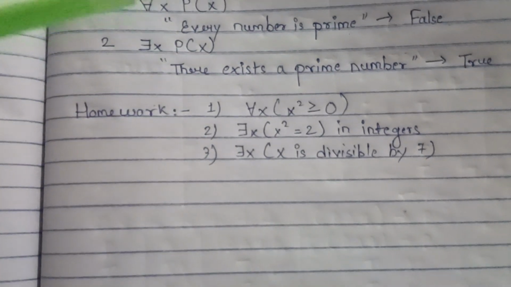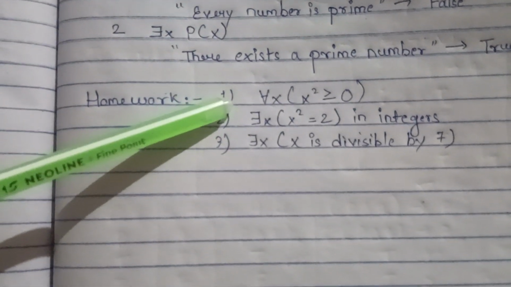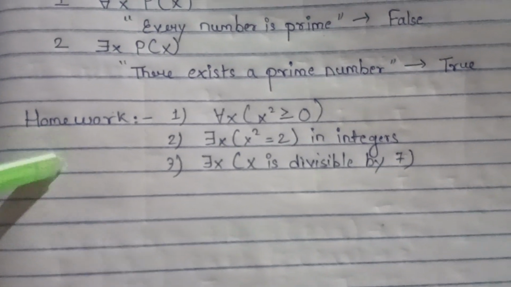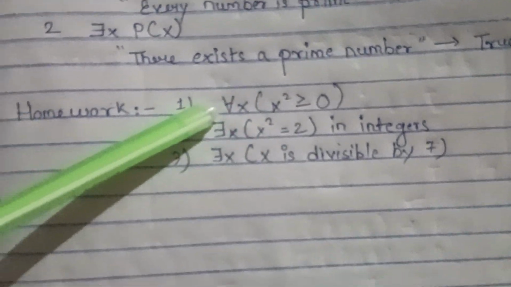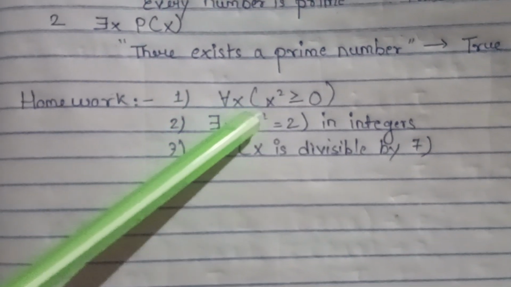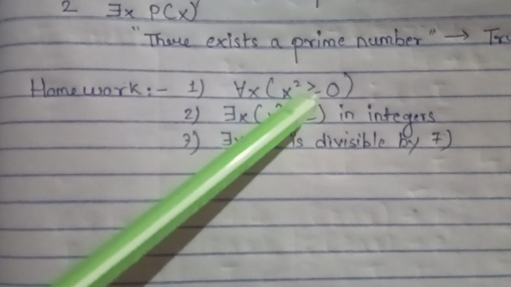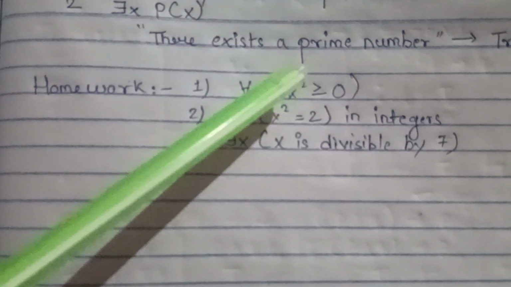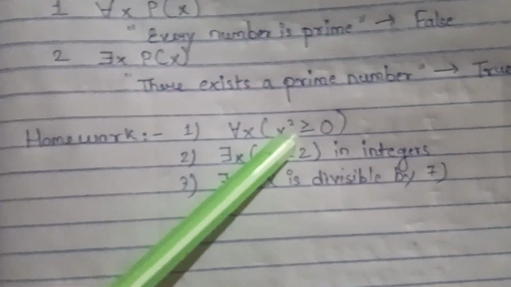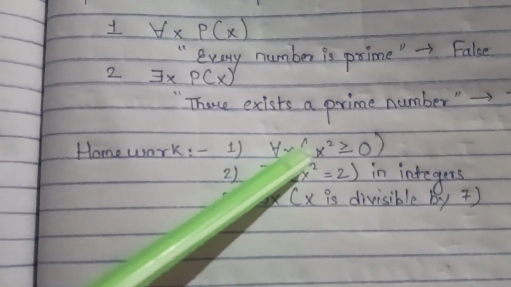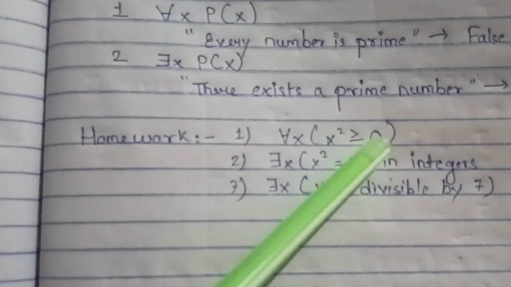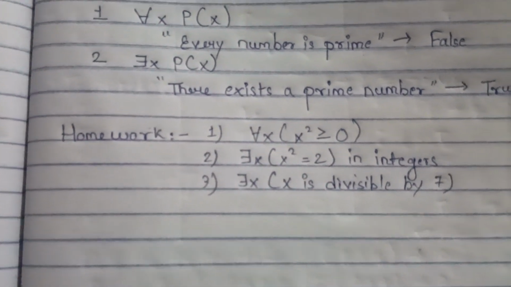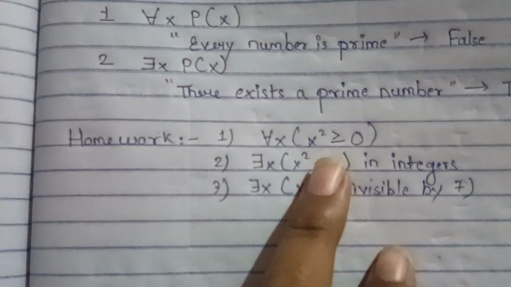And there's some work to do. It's optional, you can do it or you can ignore it, but let's see. For all x, x squared is greater than or equal to 0, meaning x squared is greater than 0 or it's equal.